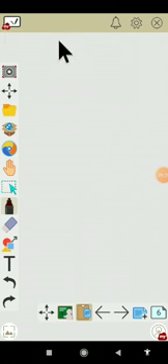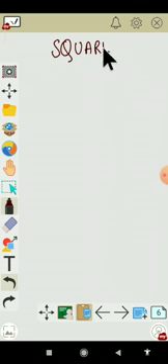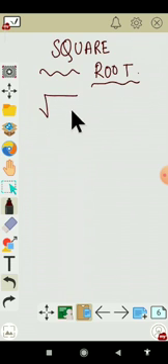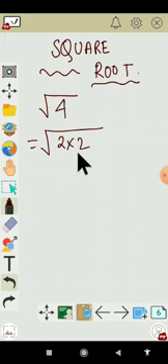Now see square root. How do you find the square root? Suppose 4 is there. What will be its square root? First factorize this one.